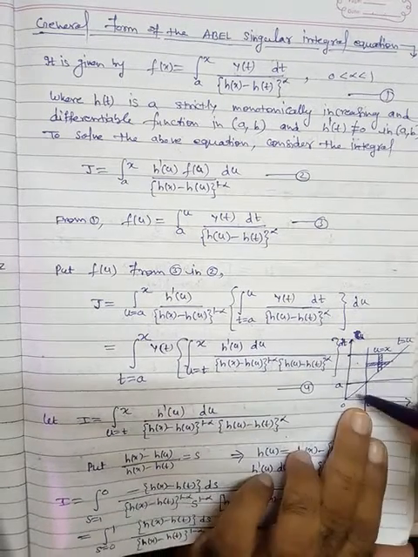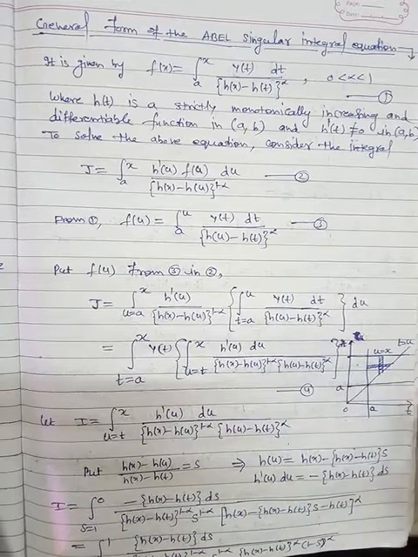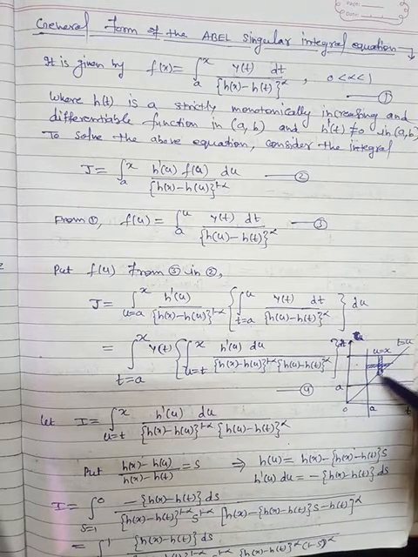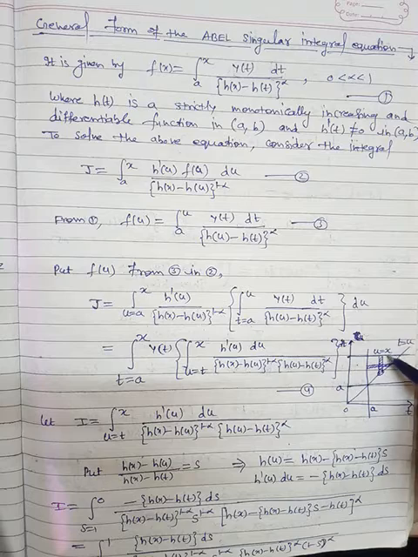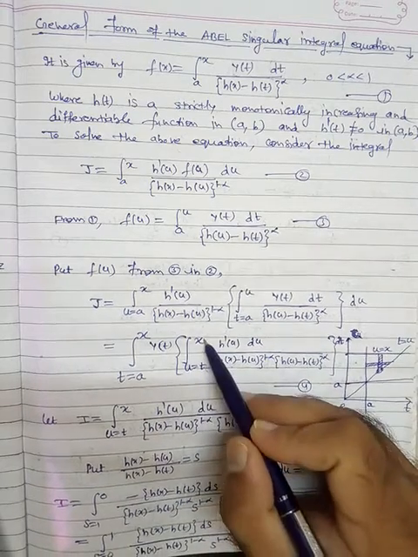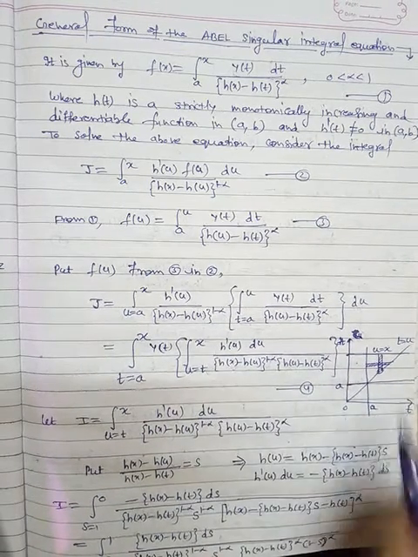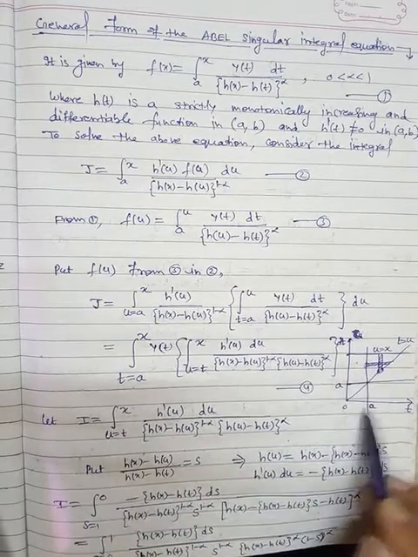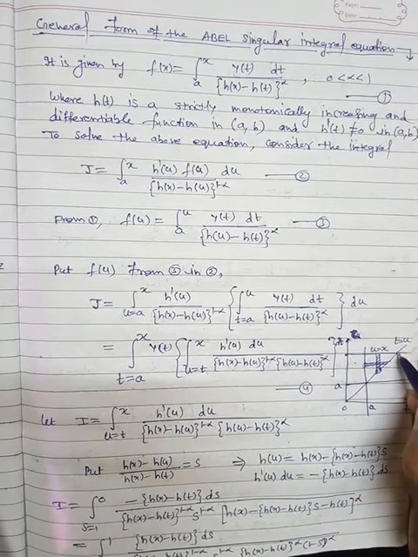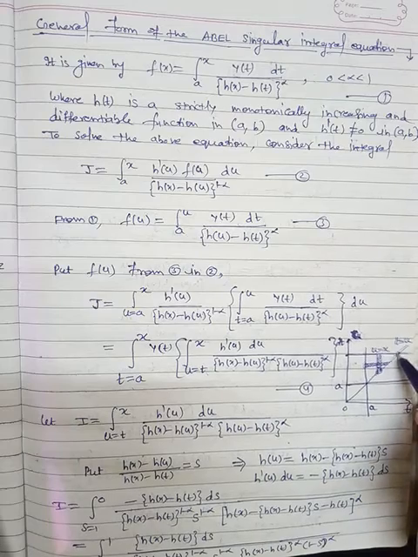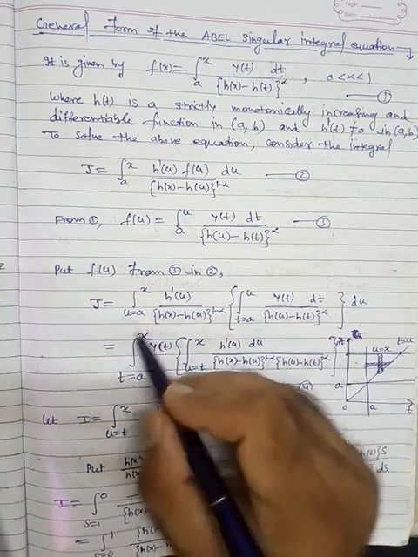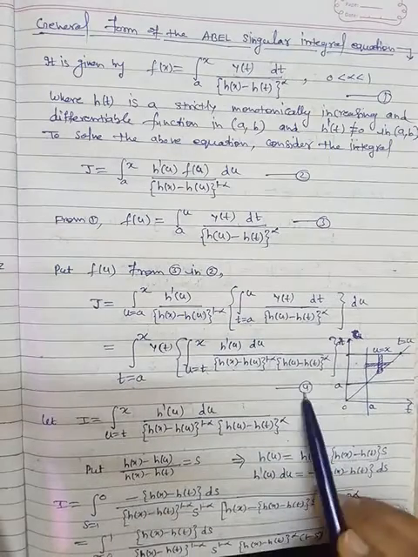First we take the limit of u: u is from t to x. Now the limit of t, from the lower limit to the upper limit. The upper limit is this corner point, where u is equal to x, so t is also x. So this is number 4.